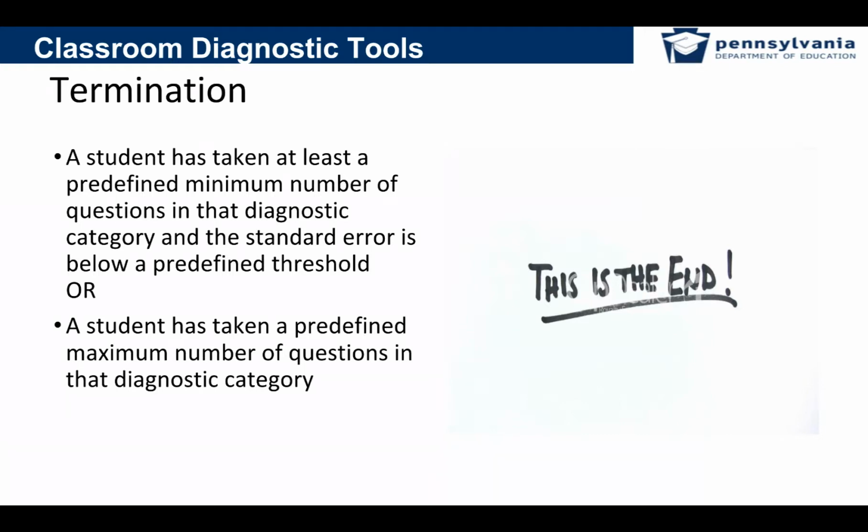And once they hit the minimum number and a predefined threshold for the standard error, the test could end. Or when they reach the maximum number of questions permitted in that diagnostic category, and then eventually all of the categories, then the test would end.